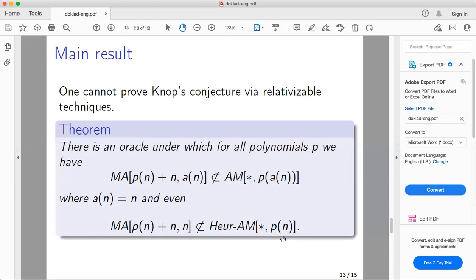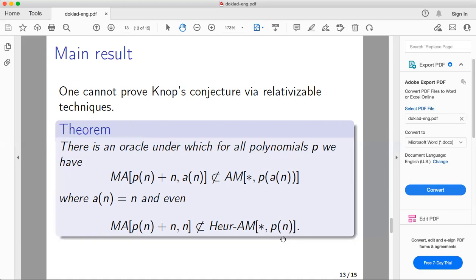Which means that we have separated these classes, which refutes Knop's conjecture. And moreover, we can also refute the full version of Knop's conjecture, and even more.